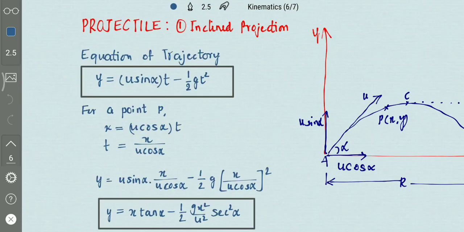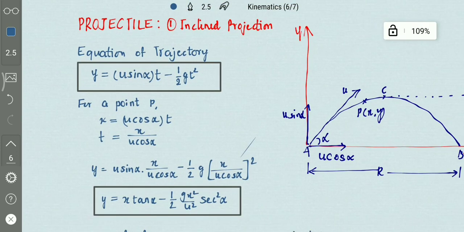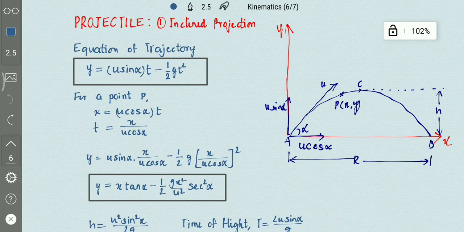And the next one is projectile. What is a projectile? If a body is projected and not traveling in a horizontal direction, if a body is projected at an incline, or if a body is projected horizontally from the top of a building, then it is called a projectile.